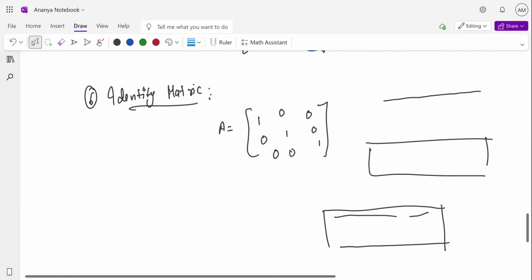No, actually, all the elements in the diagonal should be one.